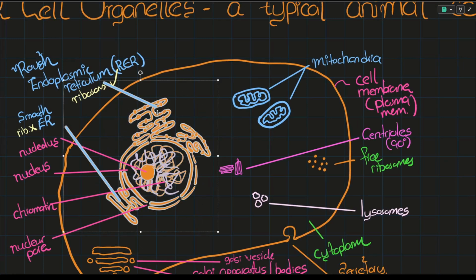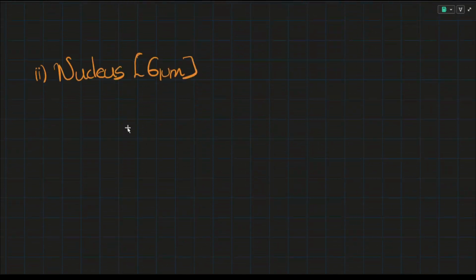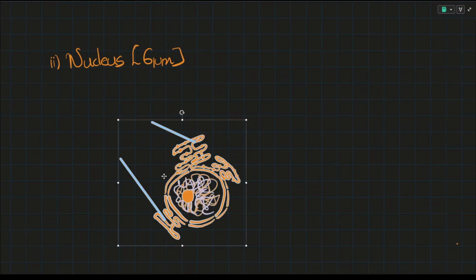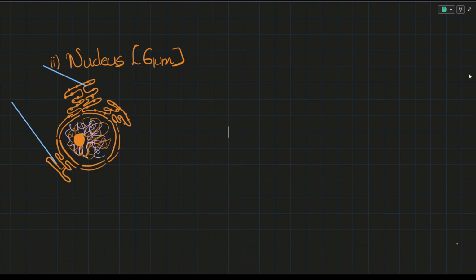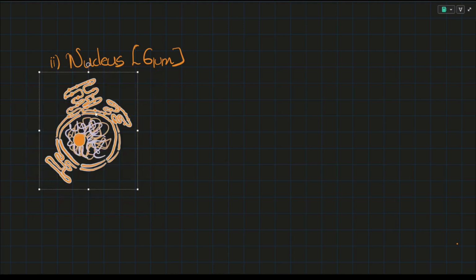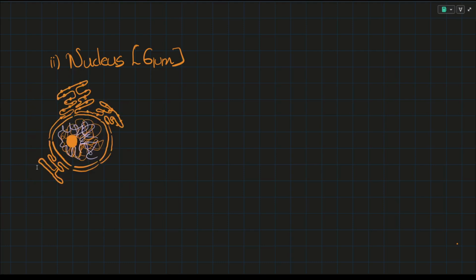Nucleus, come on. This is what the nucleus looks like. Isolated, that's what it looks like. Let's start off with the key points. First of all, this will be the largest organelle that you're going to find.